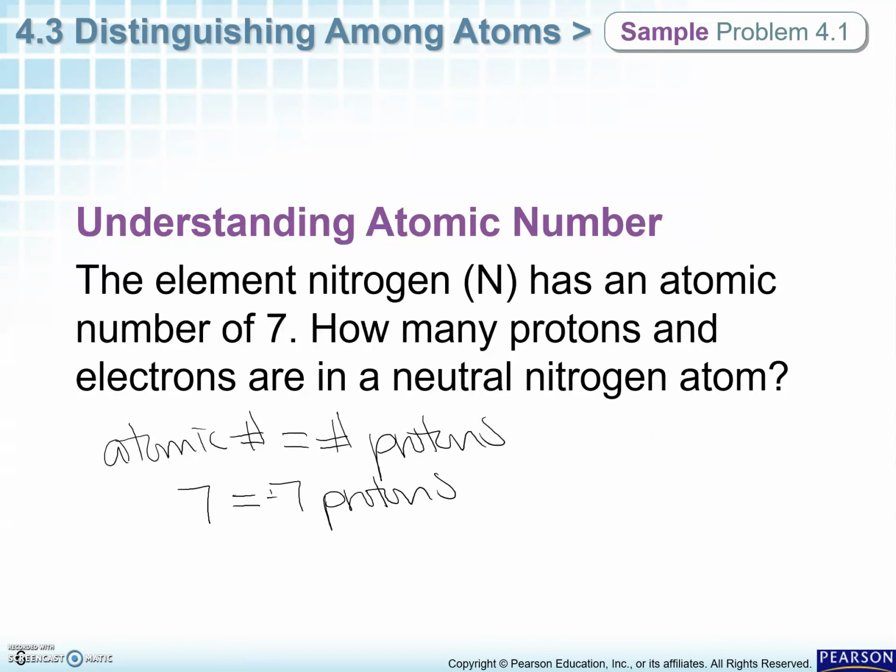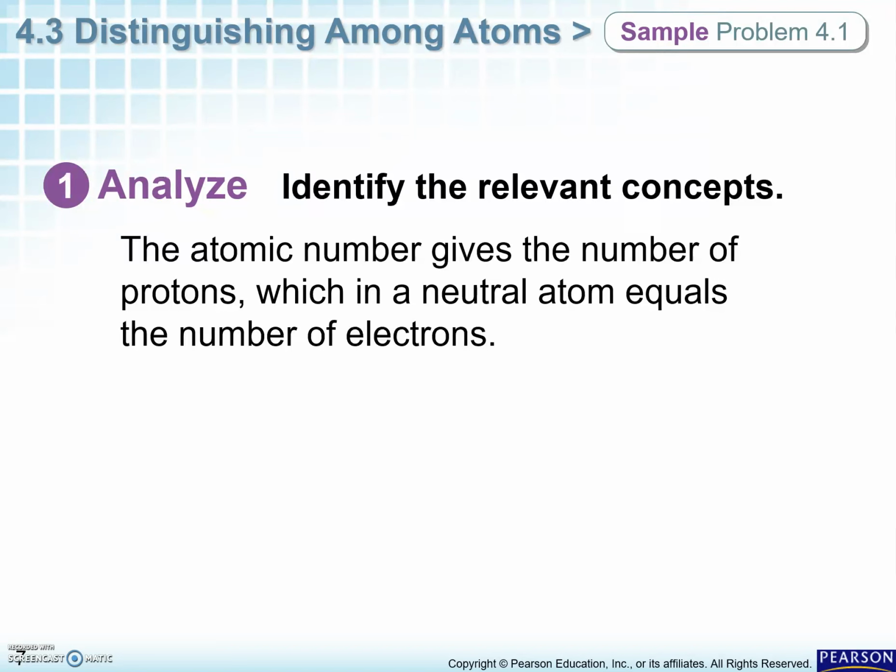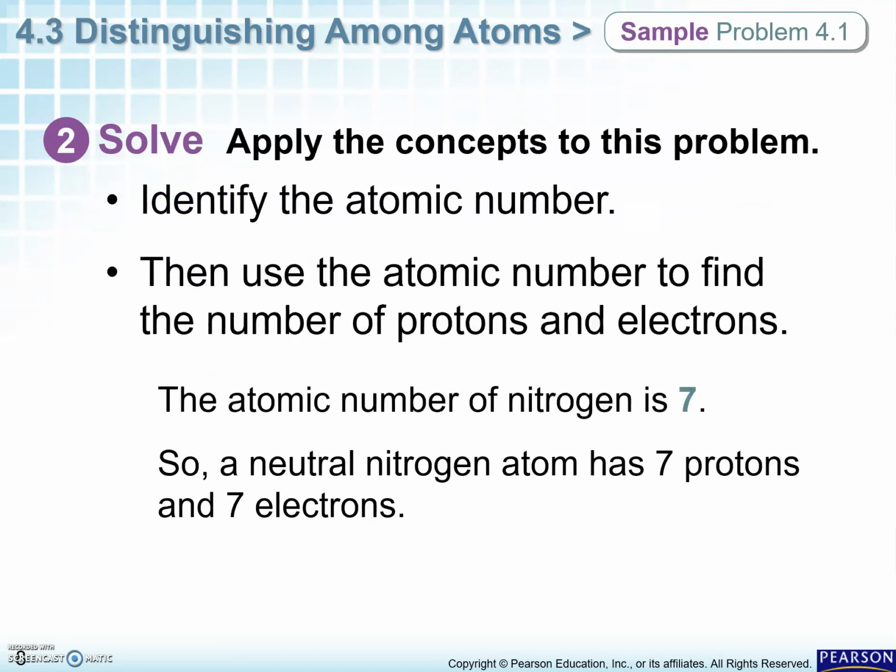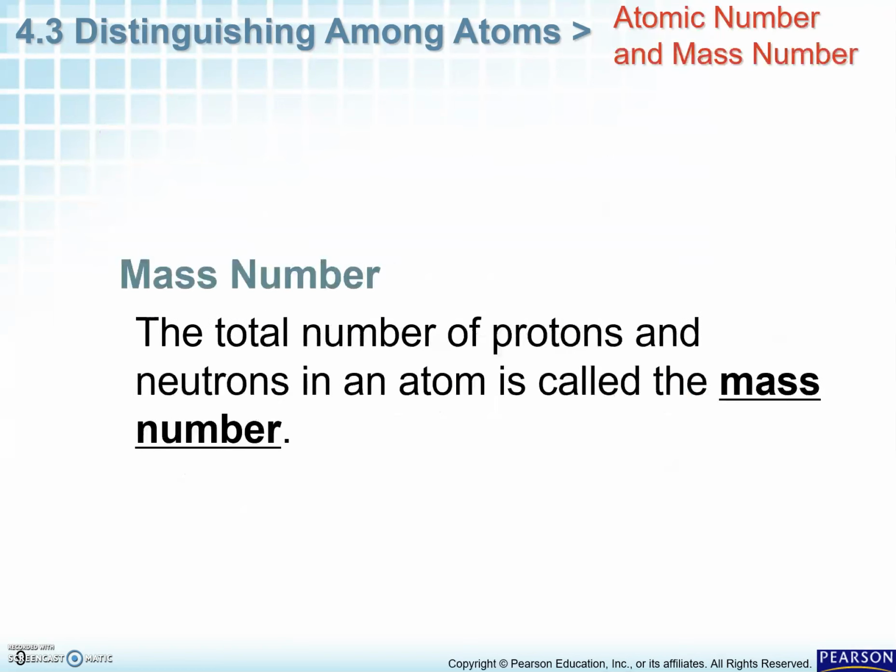So if we have a positive charge of 7 protons, we would have to have a negative charge of 7 electrons. And if you ever need to check, you can take a positive 7 minus a negative 7, and you should get 0. That should make you happy because you are a neutral atom. This is also broken down in the PowerPoint. It takes you through each step by step, just in case you forget.